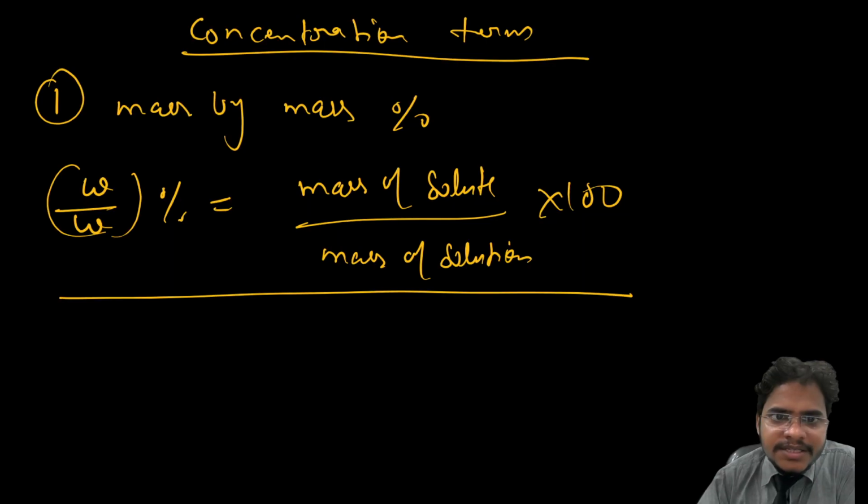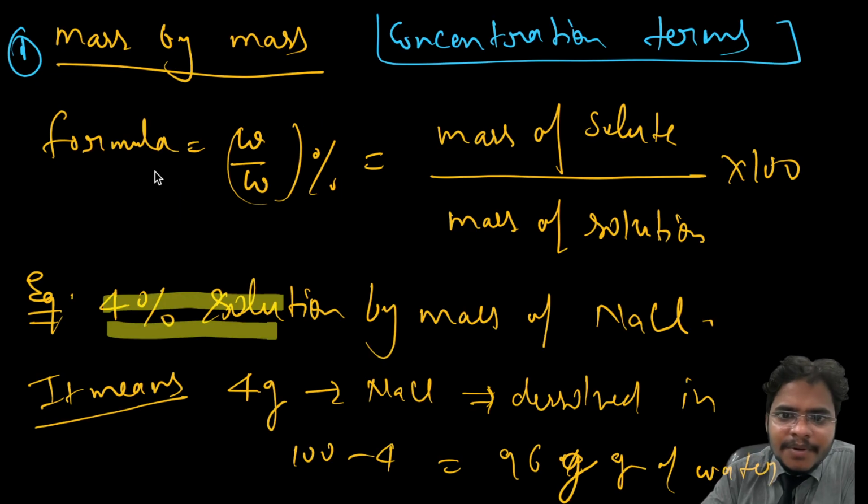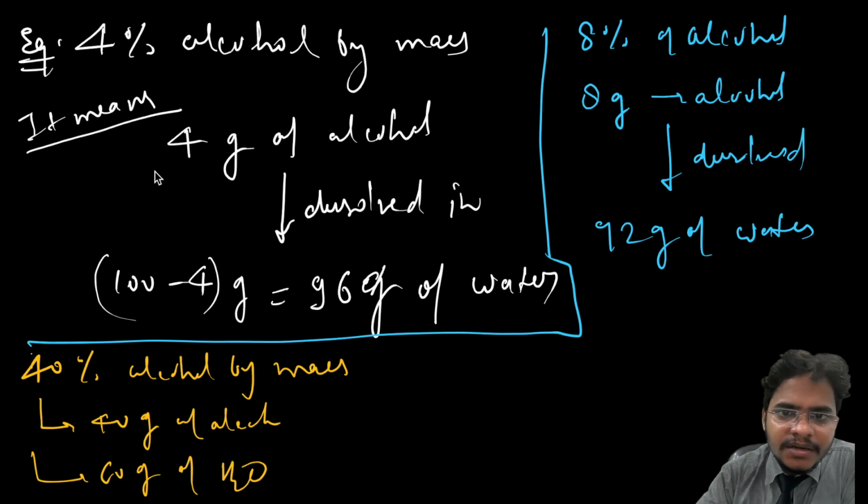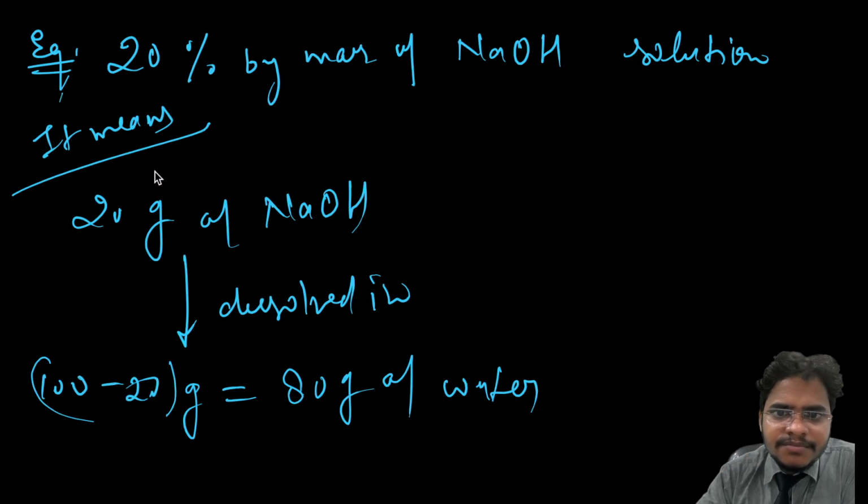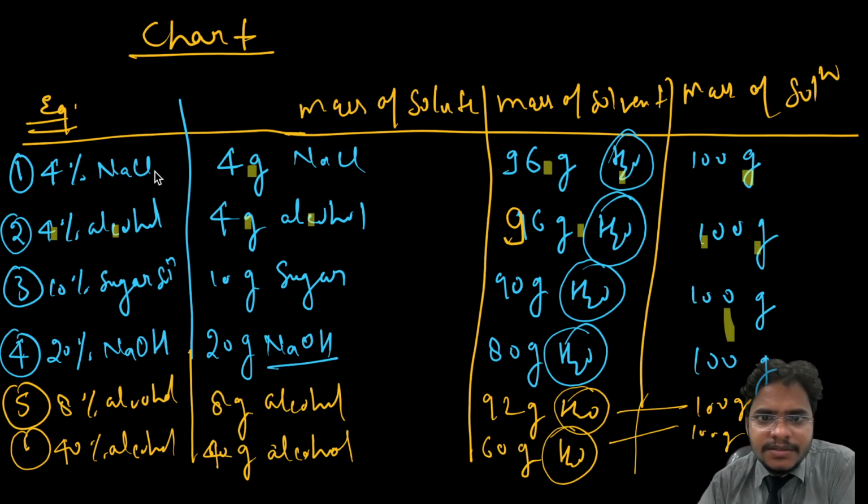The formula is mass of solute divided by mass of solution multiplied by 100. And we have examples. First, 4% solution by mass of NaCl means 4 gram NaCl dissolved in 96 gram of water. We took some chart like this.